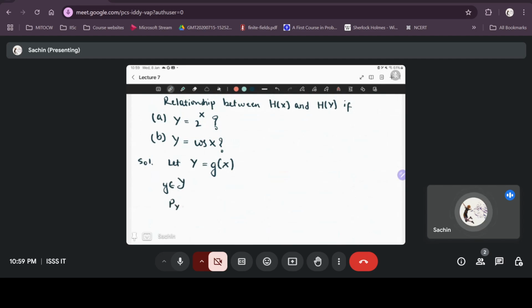The probability that y takes a value small y is equal to a sum of probabilities p of x for all x such that y is equal to g of x.